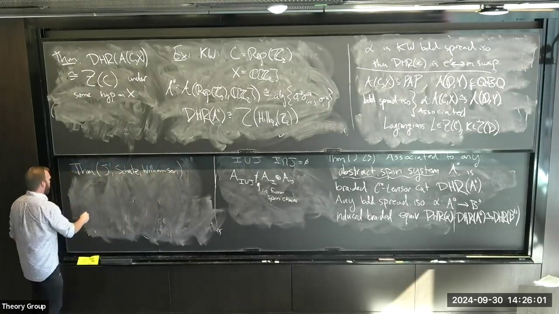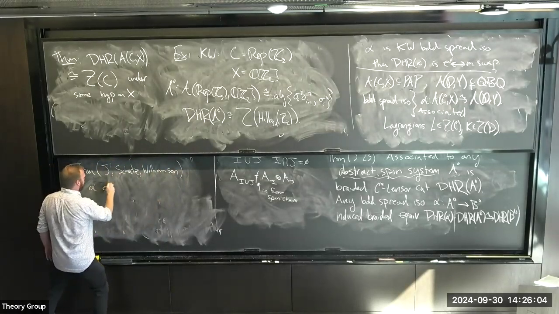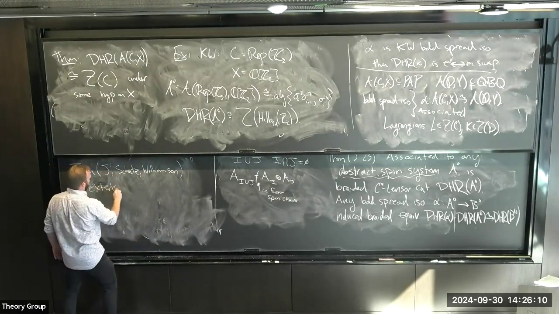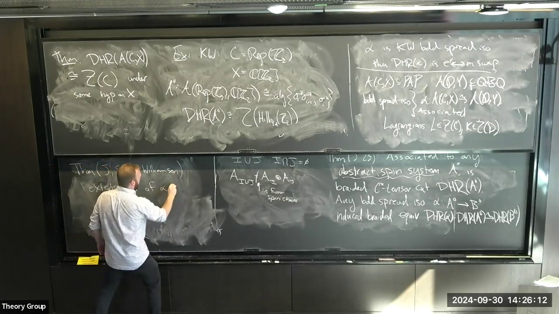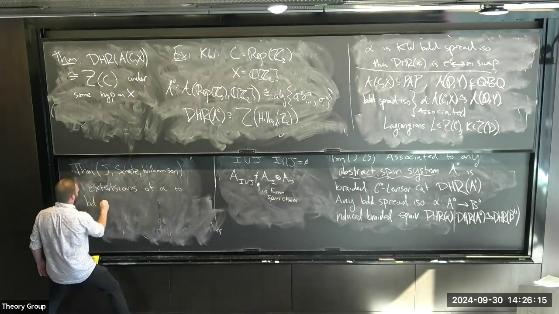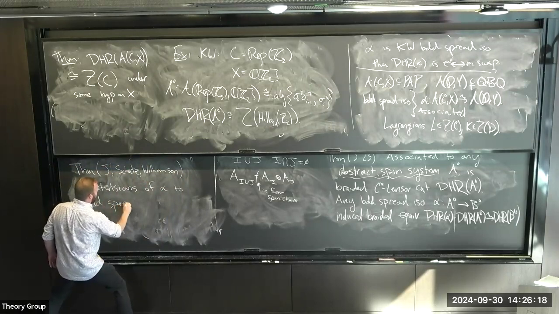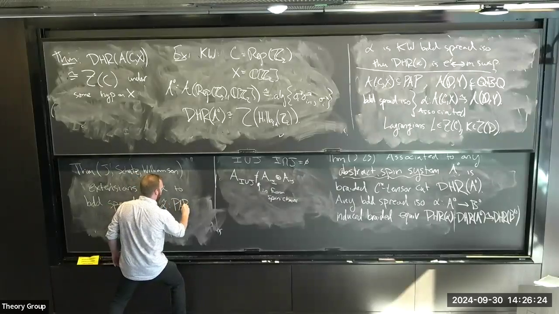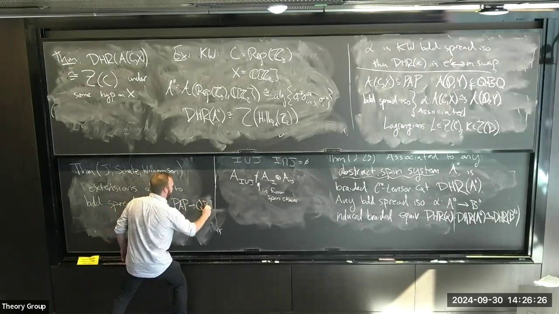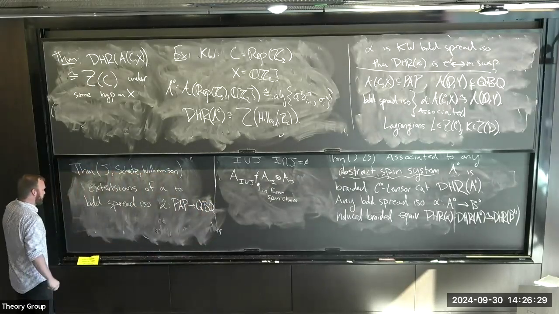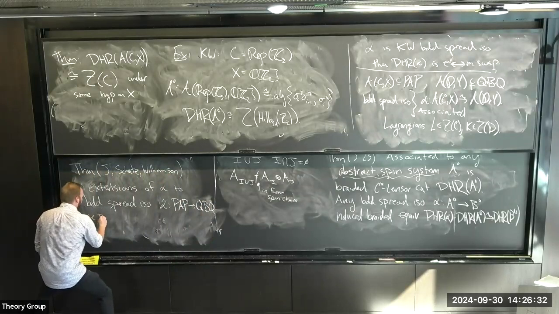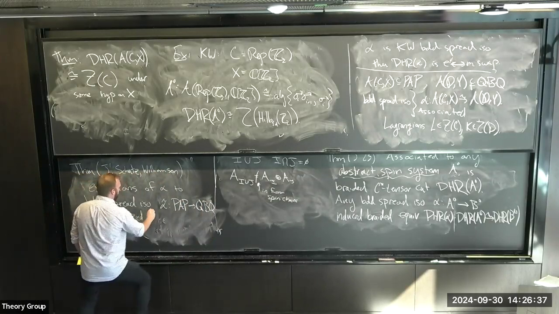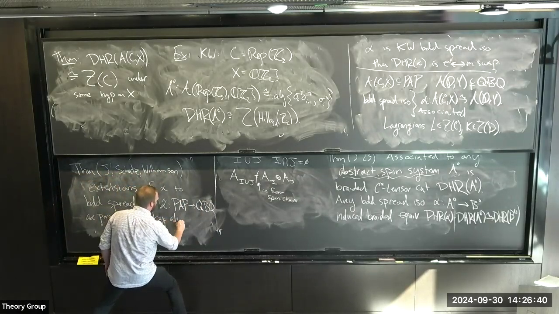Following: alpha extends, or extensions of alpha to a bounded spread isomorphism alpha tilde from these fake real spin systems are parameterized by algebra isomorphisms.